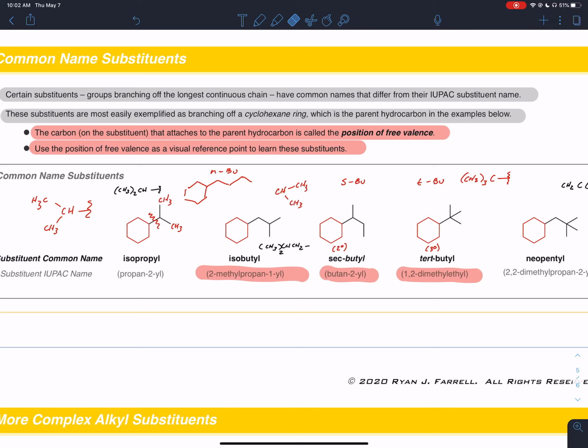I want you to be able to differentiate them visually and articulate to yourself the subtleties and how you have to visually process them, because these substituents will be ones that you use throughout the course, and you want to be able to quickly identify them as well as use them in an IUPAC name.